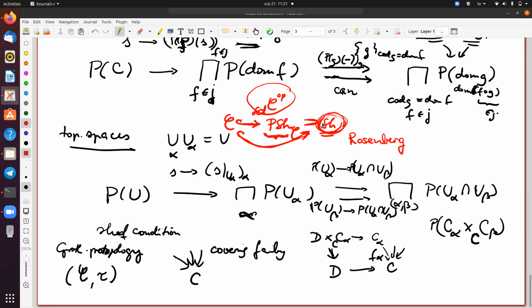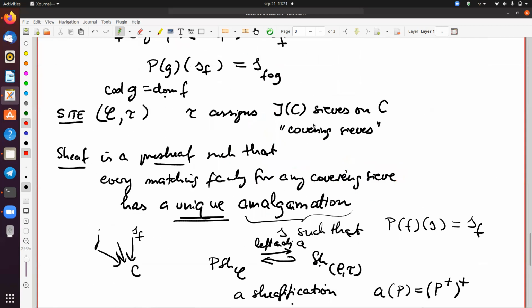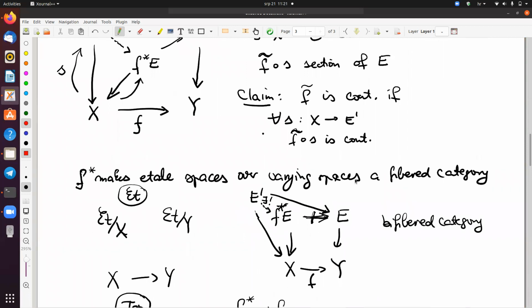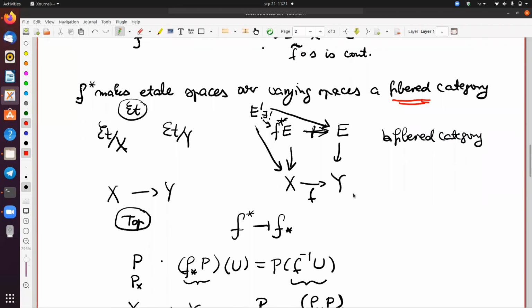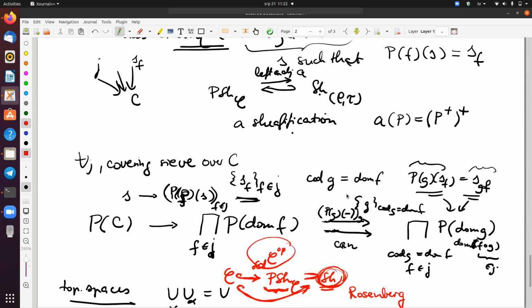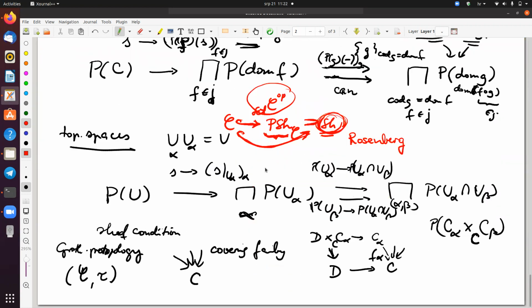This would be the subject of descent theory. For descent theory, I will need this kind of construction. These fibered categories are used for this. So I will give a small sketch in one of the lectures of fibered categories and how they can be used over Grothendieck topologies or over topological spaces to do more general gluing.